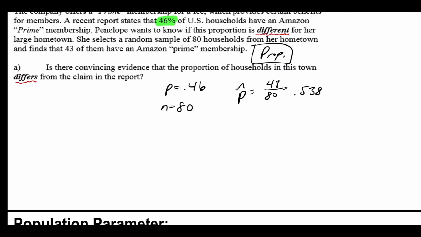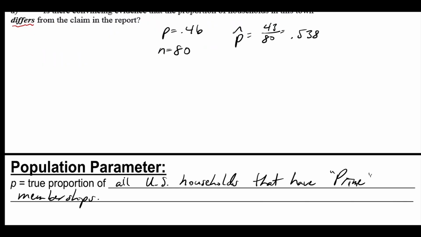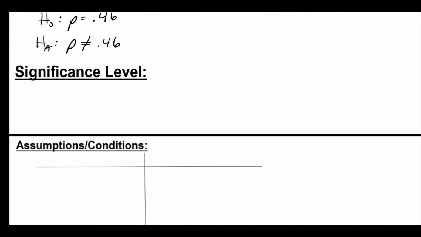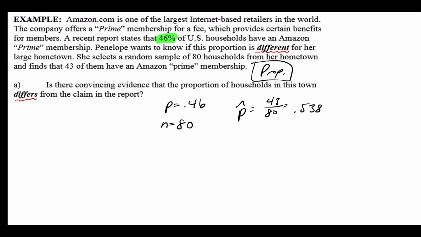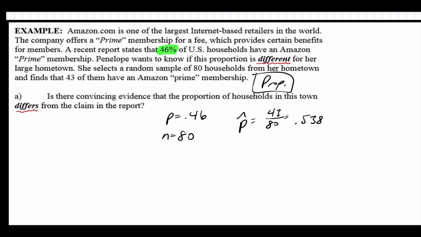Differs means it could be greater, it could be less, just differs. Okay. Significance level doesn't say what significance level they want us to use, so we'll go with 5%. Okay.